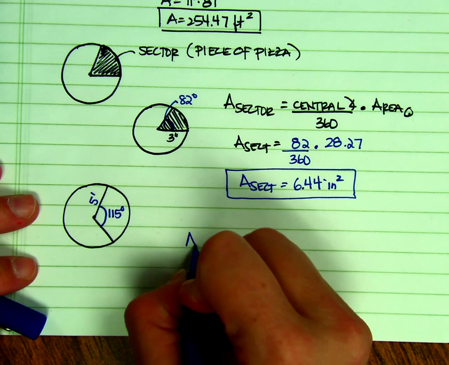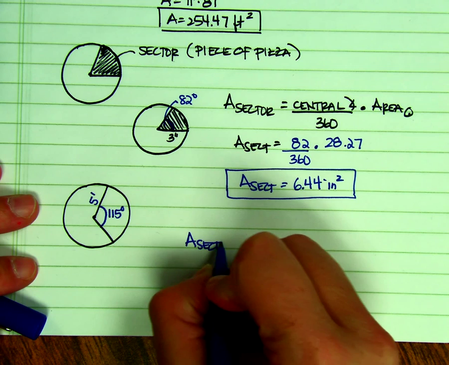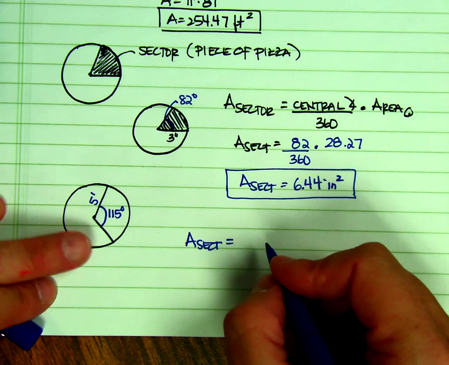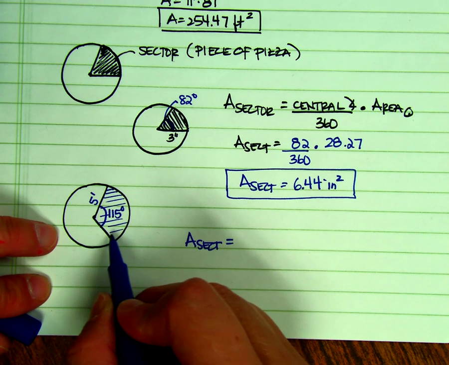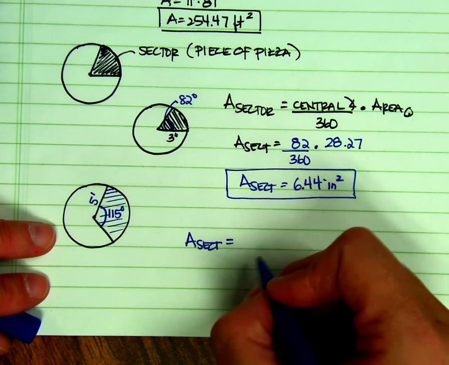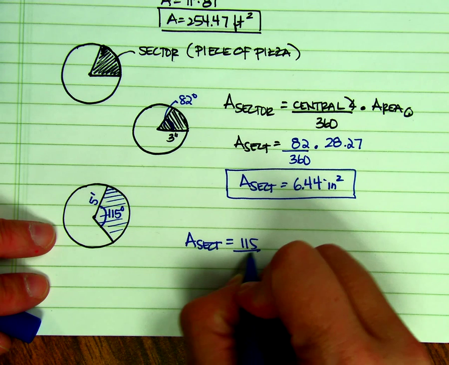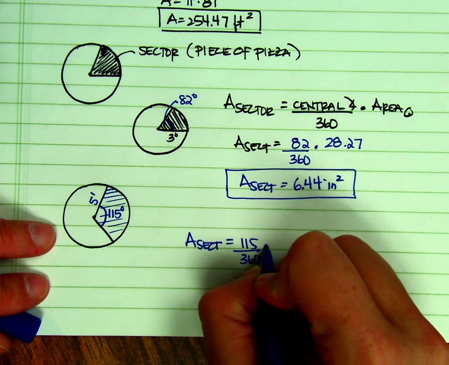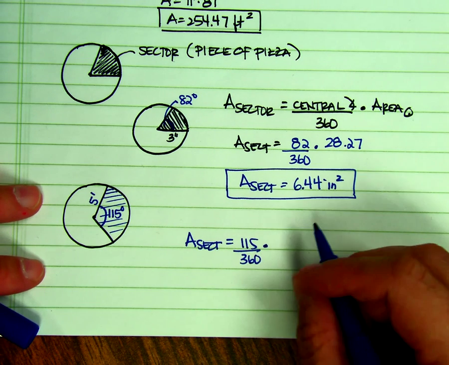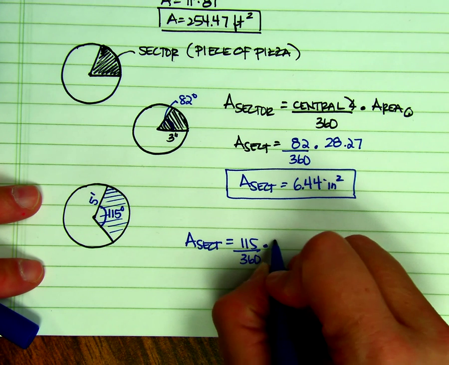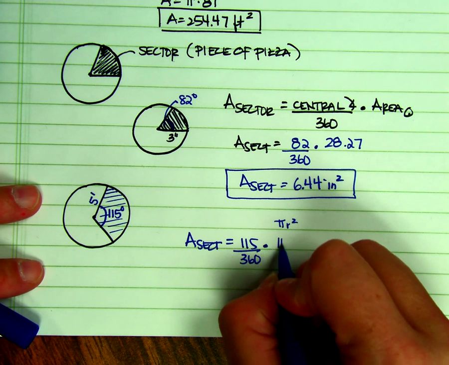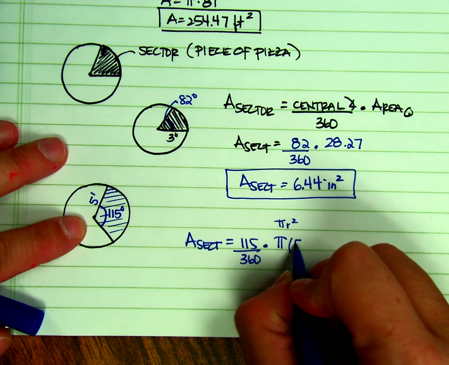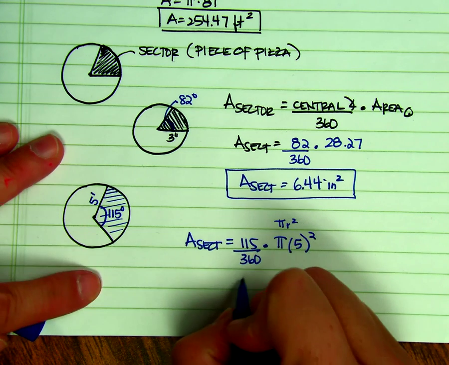So the area of the sector equals the central angle, which is 115. So that means I'm trying to find the area of that big piece. So 115 divided by 360 times the area of the circle. Now I don't already have the area of the circle, but I know that it is pi radius squared. So I have pi, my radius is 5, and don't forget to square it.